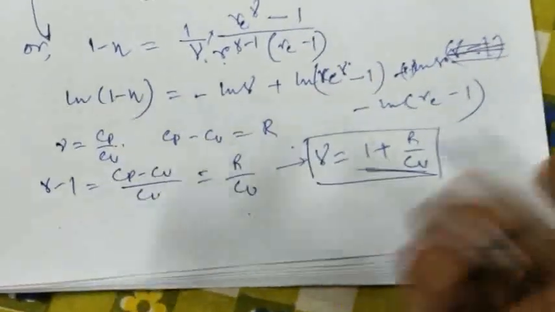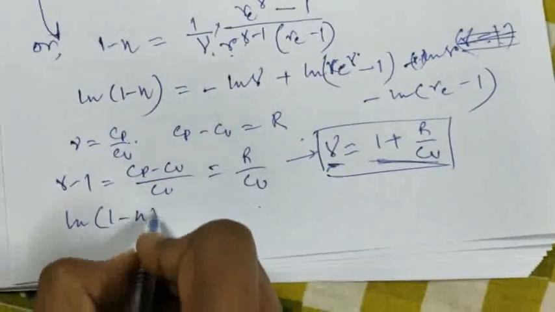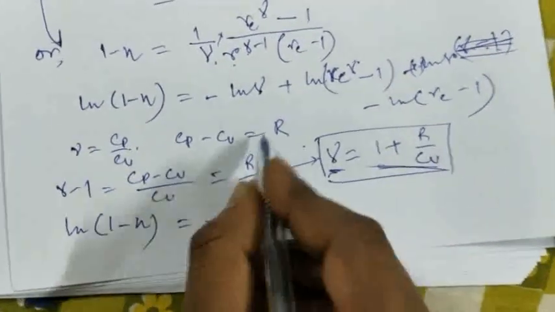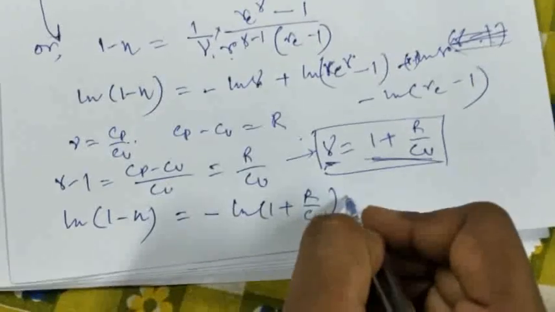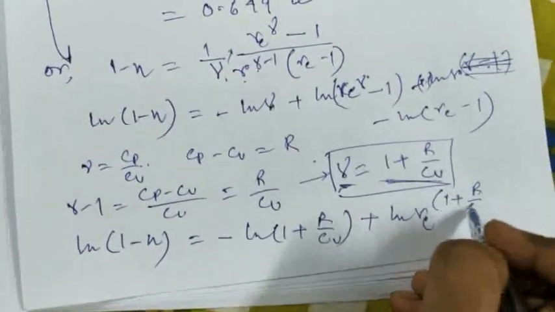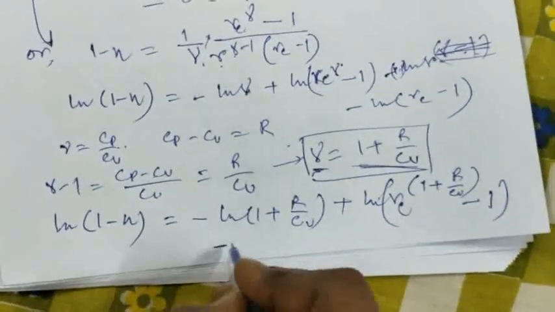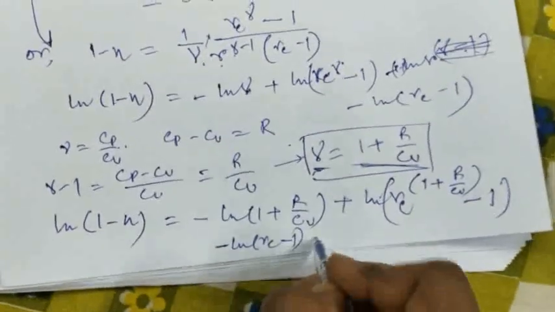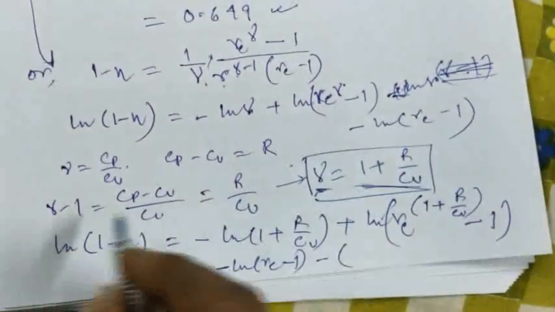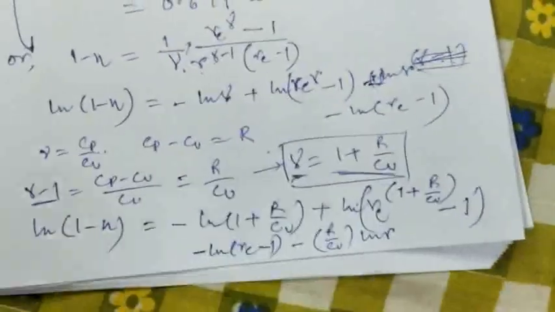Now instead of gamma, in all places we can put this value of gamma. Substituting it, we can rewrite the equation like this: ln of 1 minus efficiency equals minus ln of 1 plus R by Cv, plus ln rc to the power 1 plus R by Cv minus 1, minus ln of rc minus 1, and minus, with gamma minus 1 put as R by Cv, R by Cv into ln r.